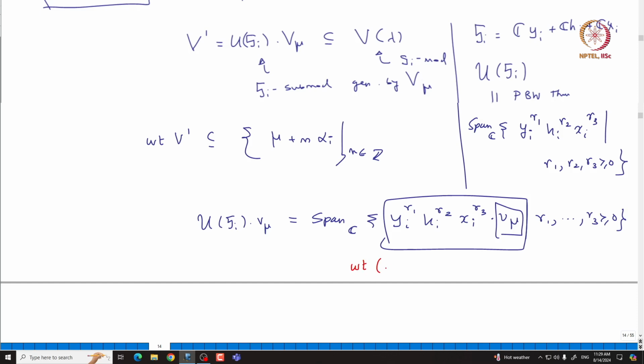The weight of y_i^R1 h_i^R2 x_i^R3 V_mu, if it is non-zero, is going to be exactly mu plus R3 alpha_i, this h is not going to add anything, that is R2 times 0, and minus R1 alpha_i, because x_i corresponds to alpha_i, h_i corresponds to 0, and y_i corresponds to minus alpha_i.